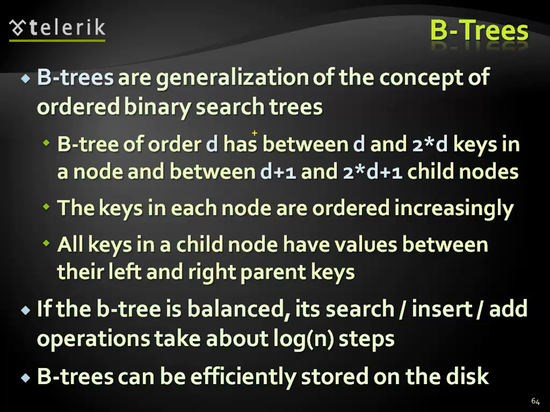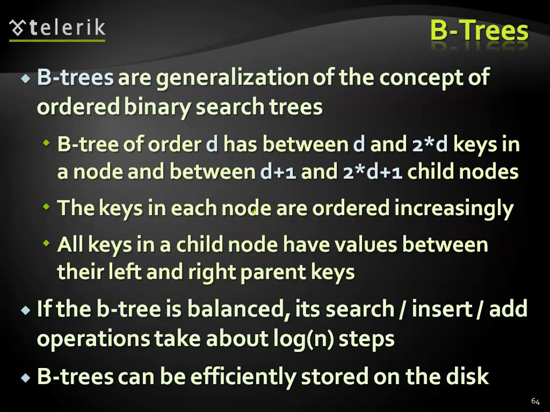So you have an order D of a B tree, and that order D has between D and 2 multiplied by D keys, with children ranging from D plus 1 to 2 times D plus 1. Okay, this is a little conceptually hard to explain, and understand even harder.